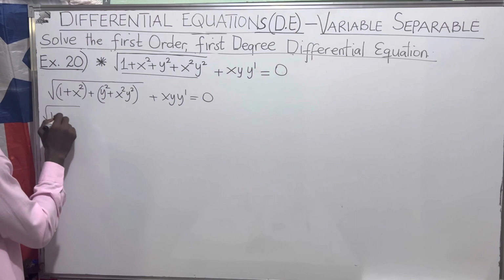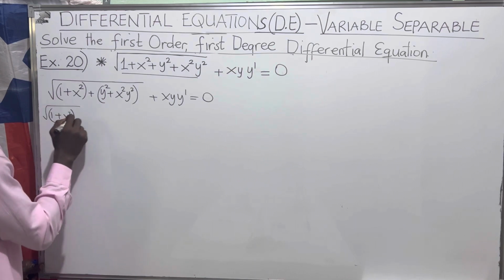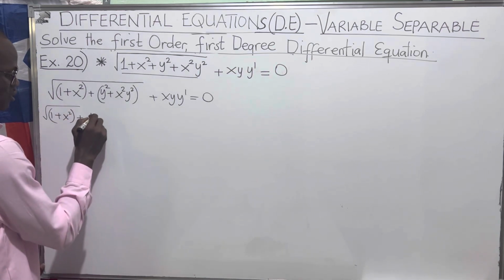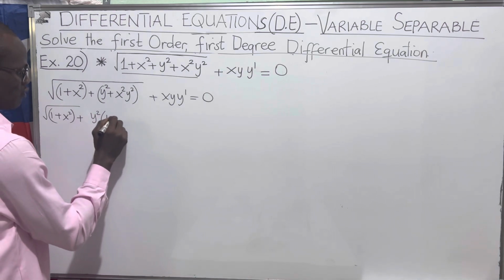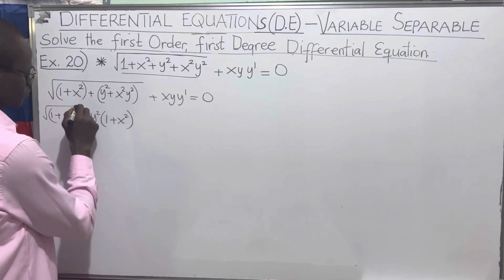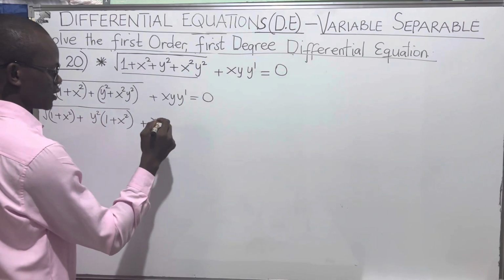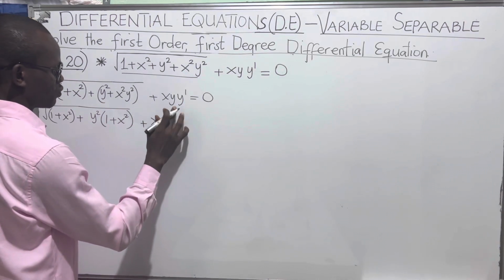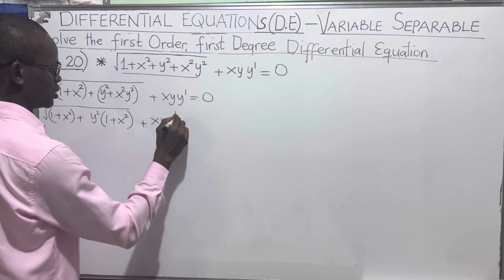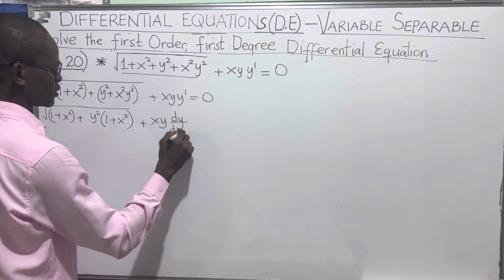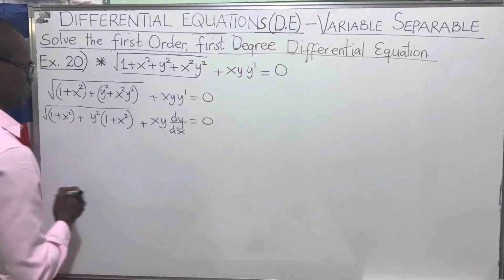So we have 1 plus x squared, and then plus y squared, so we can bring it outside. We're left with 1 plus x squared plus x y prime. Now this y prime can just be changed to dy by dx equals 0.